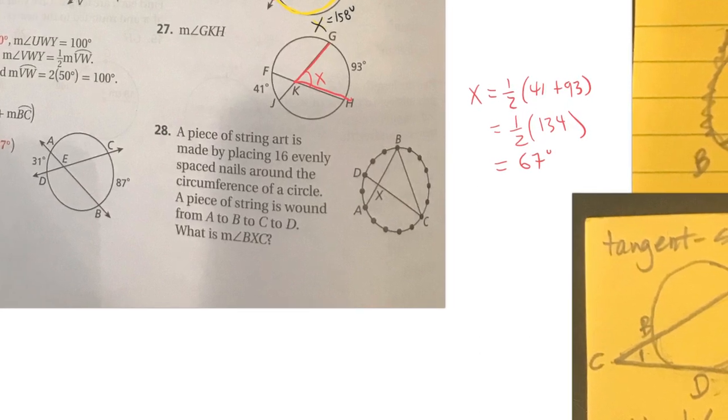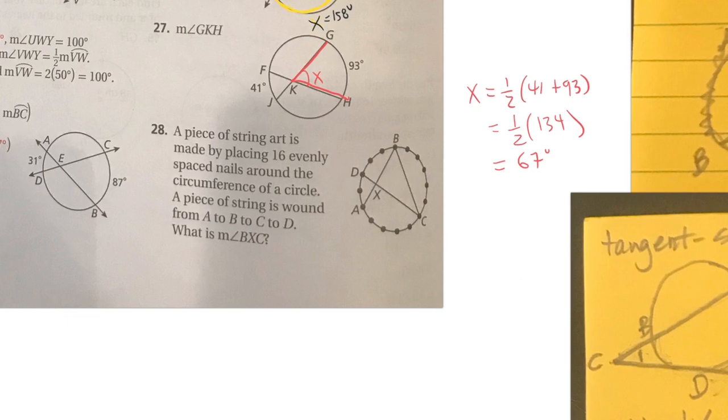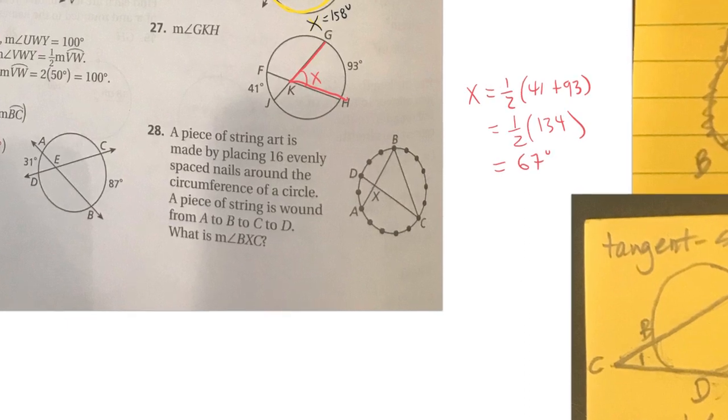Problem 29, a piece of string art is made, 16 around. A piece of string is wound from A to B to C to D. Okay, so from A to B to C to D. Got it. What is the measure of BXC?